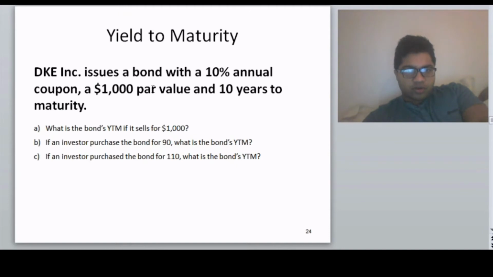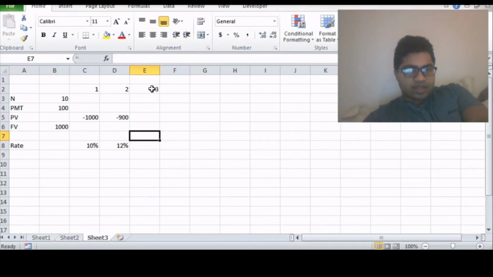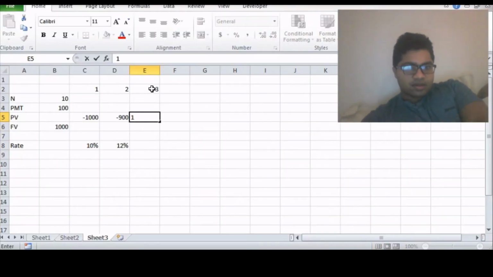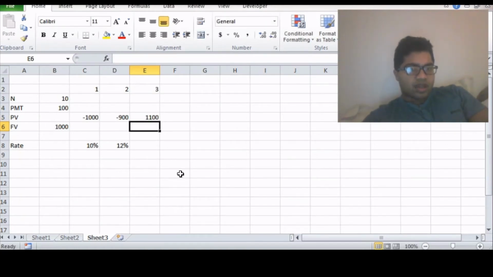In the third case, you're buying the bond for 1,110, that is 1,100. Please don't forget to scale it. Future value is in terms of 1,000, so everything is in terms of 1,000, though it is expressed as 90 and 110.